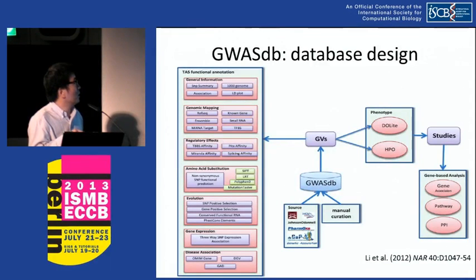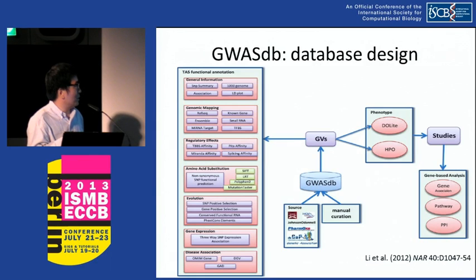For example, the SNP summary, the allele frequency from the 1000 Genomes Project and from HapMap, LD, and also how the SNP maps to the gene region based on RefGene annotation, and also microRNA, whether it's a transcription factor binding site, and also the regulatory effects, especially focusing on transcription factor binding site affinity, splicing, and also microRNA target prediction.